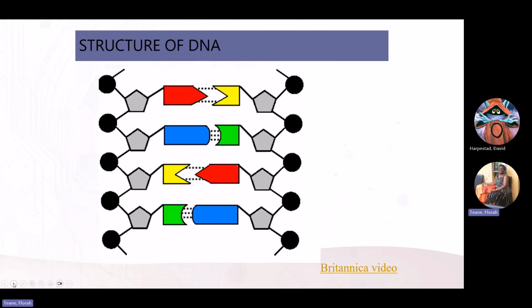Now, in the structure of a DNA molecule, the DNA molecule is formed by the nitrogenous bases.